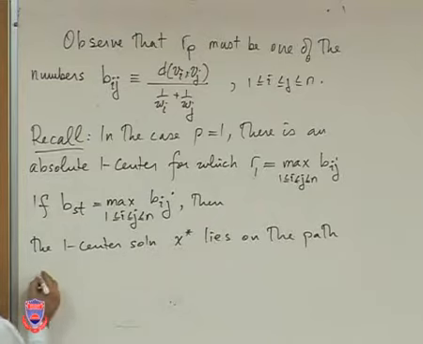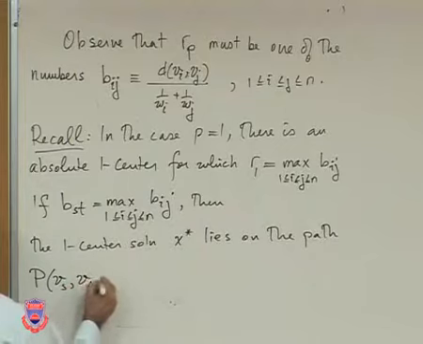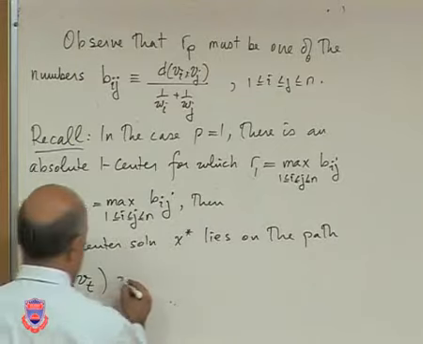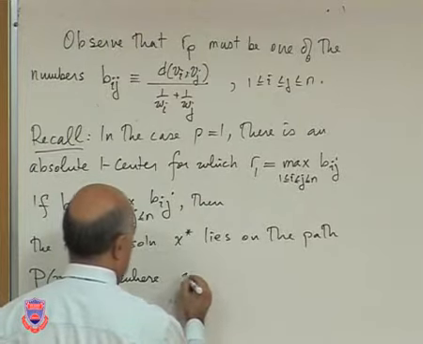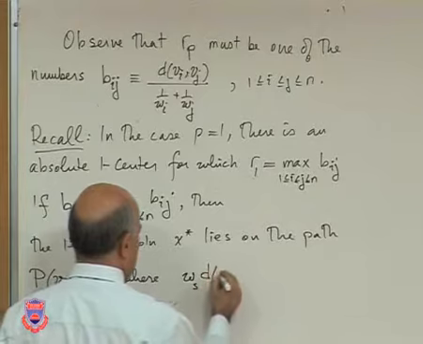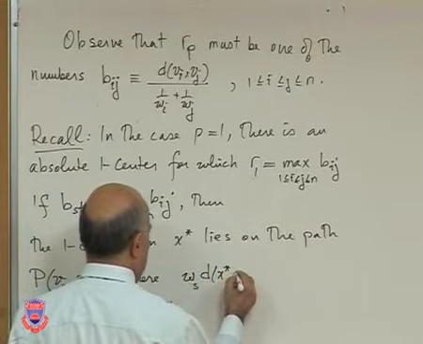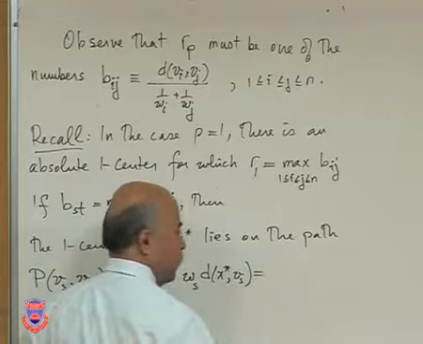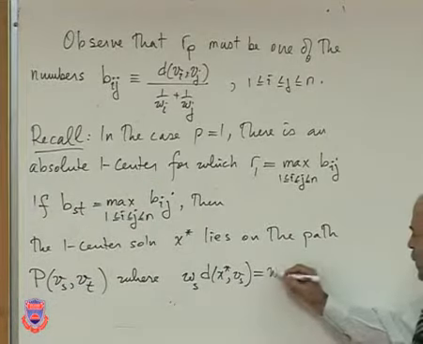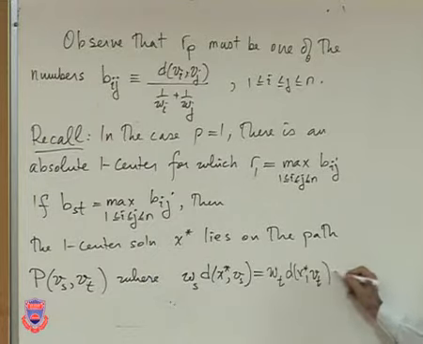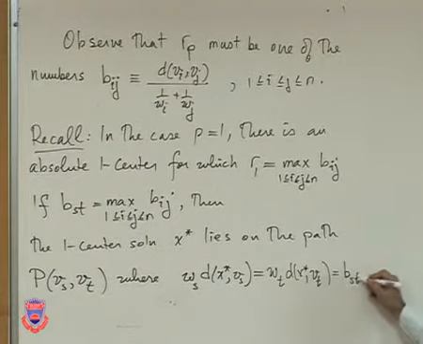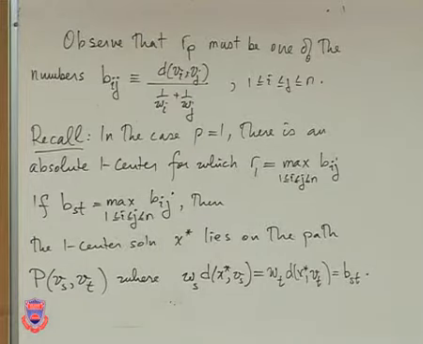It lies on the path connecting the pair Vs and Vt, where x star is such that the weighted distance between x star and Vs is equal to the weighted distance between x star and Vt, which is equal to Bst. This is something from before that we have already covered.